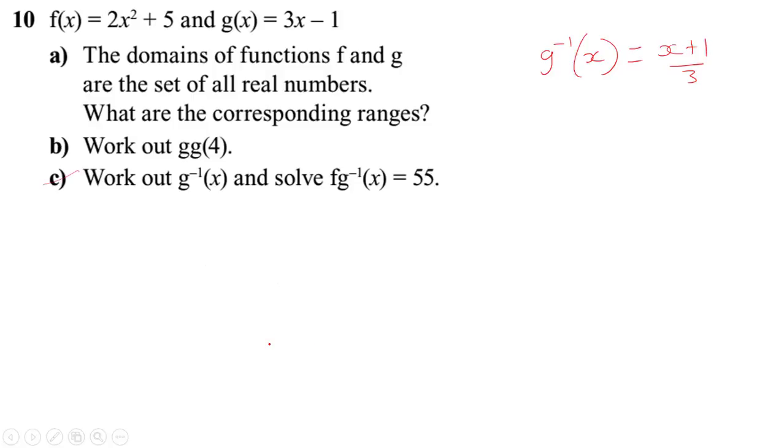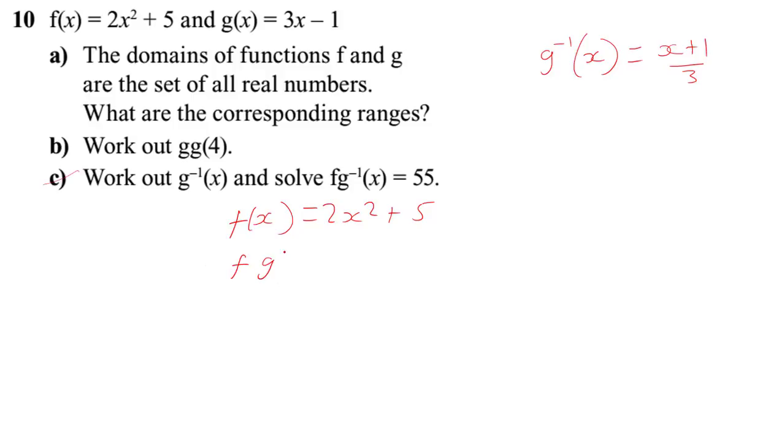Right, so the function f, f of x, we know that that is equal to 2x squared plus 5. But we don't want f of x, we want f inverse of g of x. So the inverse of g of x is what you're going to put in f, where x is.